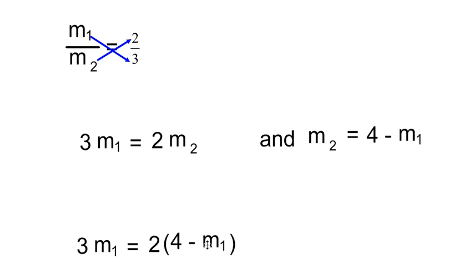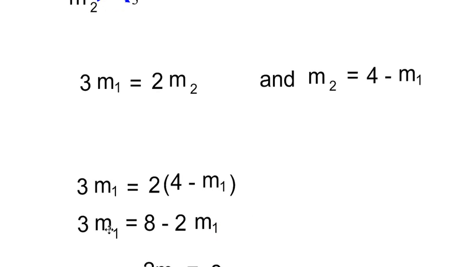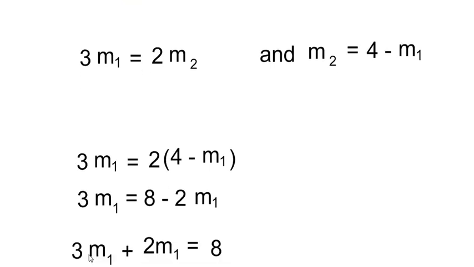Okay, and here we multiply, so 3M1 is equal to 8 minus 2 multiplied by M1. Here we have 3M1 and here minus 2M1, so we take this minus 2M1 to this side, so it will be 3M1 plus 2M1 equal 8.